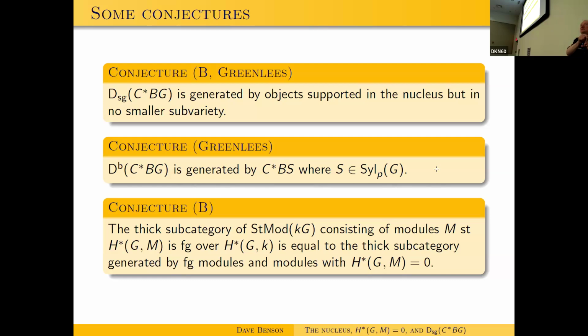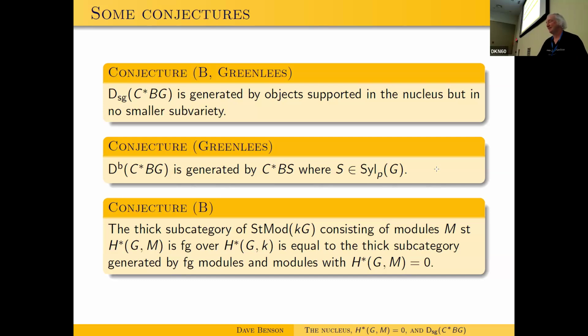Okay, so finitely generated modules are modules whose cohomology is finitely generated over the cohomology of the group. Right? So you take all the finitely generated modules, and you take all the modules with no cohomology, and you ask what the thick subcategory generated by those is. And the conjecture is that it's actually all modules with finitely generated cohomology. Not at all obvious. We don't know whether it's true, but that conjecture is equivalent to this conjecture of Greenlees about the C log P subgroup.